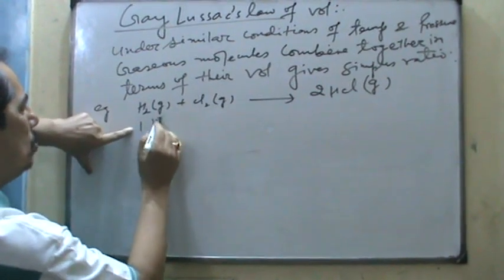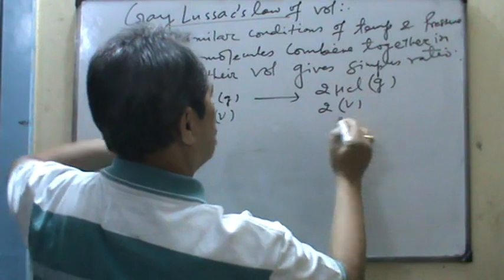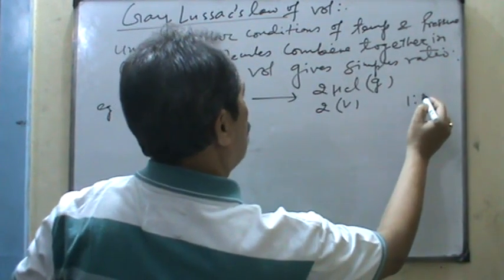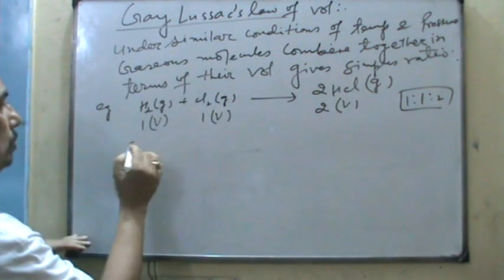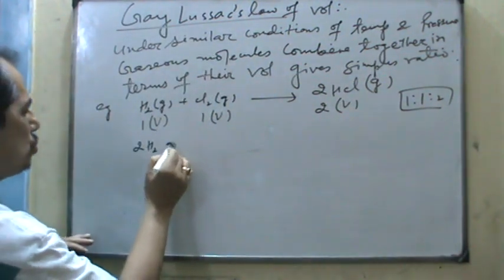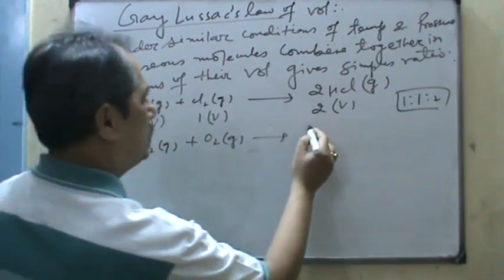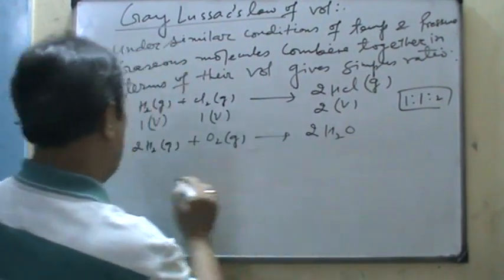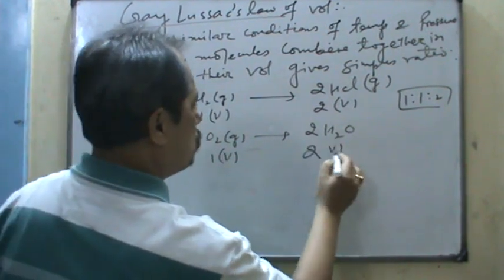What is the volume here? One volume hydrogen, one volume chlorine, that gives two volume. What is that ratio? 1:1:2. If I give you 2H2 plus O2 gives 2H2O: two volume, one volume, and two volume.